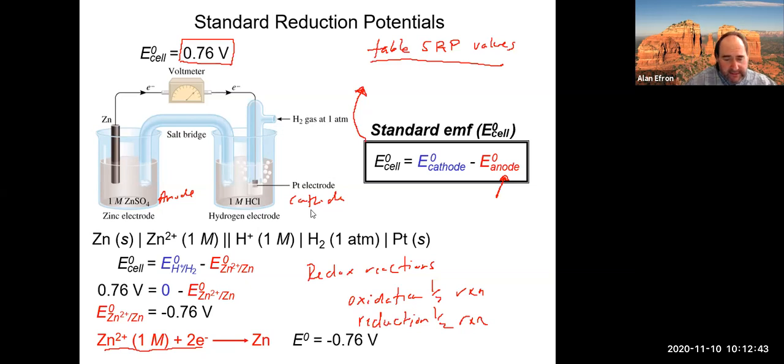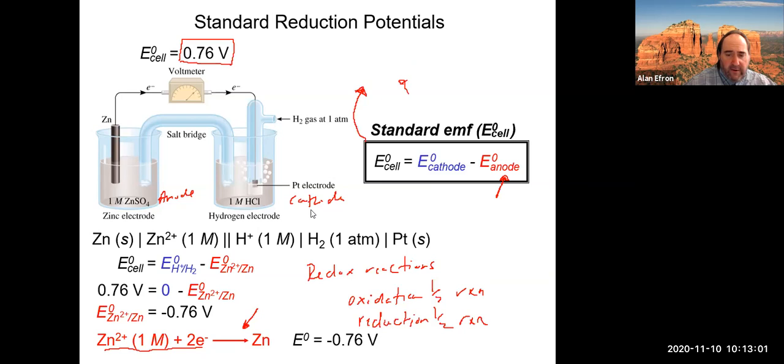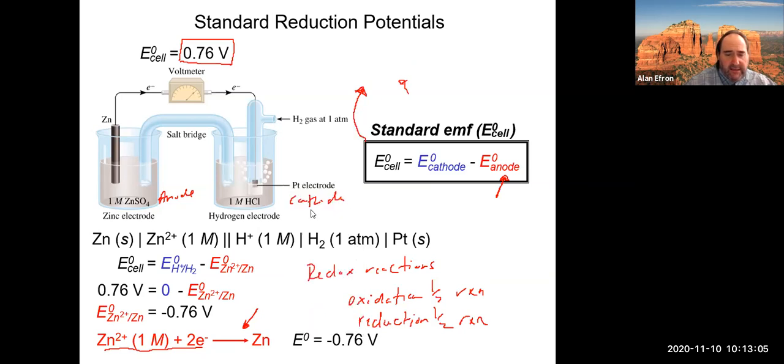So although this is the reaction that we would find in the table, in reality, when we're using that reaction, we're actually using the reverse of it, which means the reaction that we're actually using in this particular case for our zinc is actually the zinc going to our zinc 2 plus and our 2 electrons.